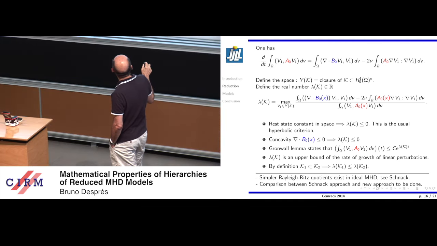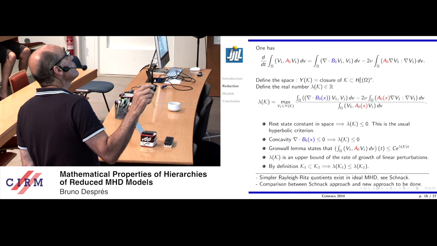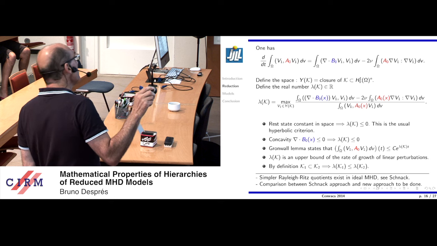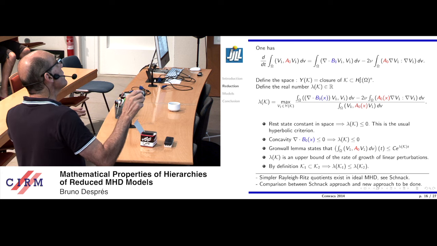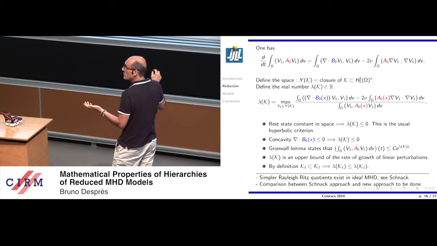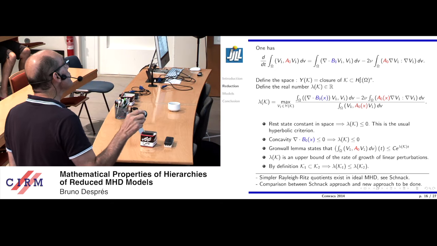You can check, especially if you have a positive viscosity, provided, of course, the reference state is smooth or a given gentle state. And you see immediately that, for example, if the reference state is constant, then of course this is 0 and lambda is negative, which means that everything is stable. Actually, it is the usual hyperbolic criterion.